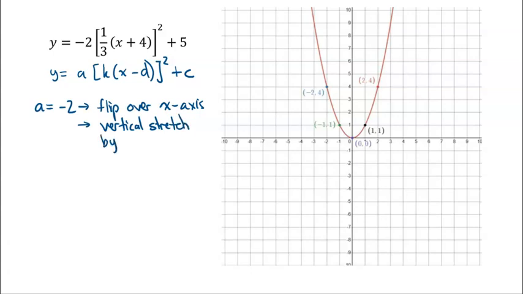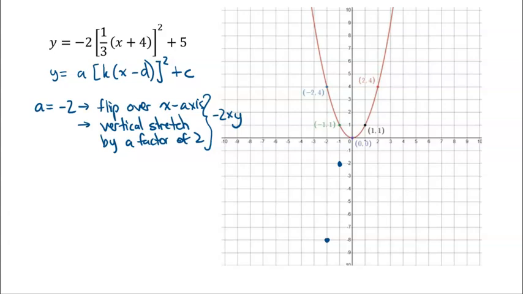And so what that effectively does is it is going to multiply the y values by -2. So we're going to take each of the y values and multiply them by -2. And so if I have a y value of 4, in this first case of -2, 4, multiplying that by -2 brings me down here to -8, keeping the x value the same. -1, -1, we take the y coordinate again, we multiply that by -2, that brings it down here.